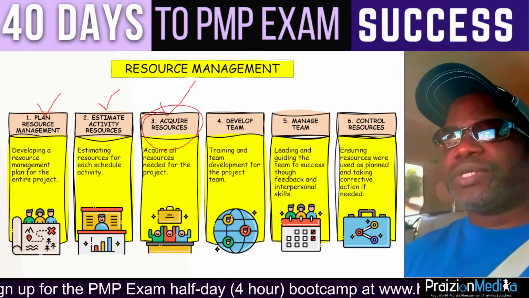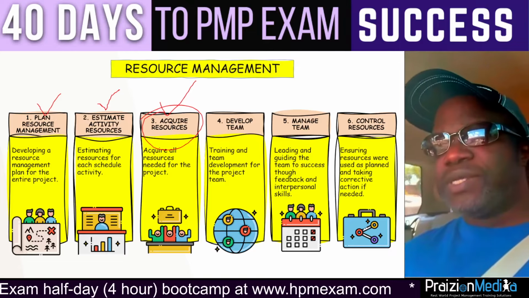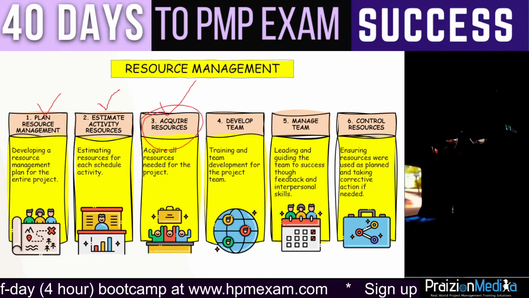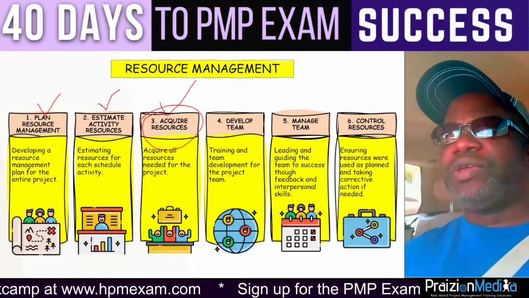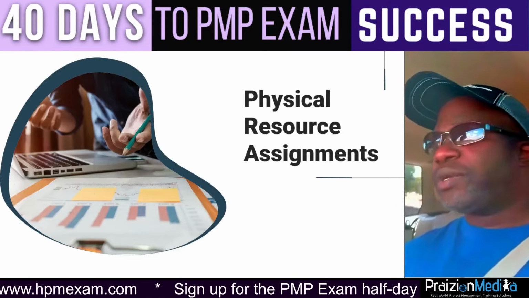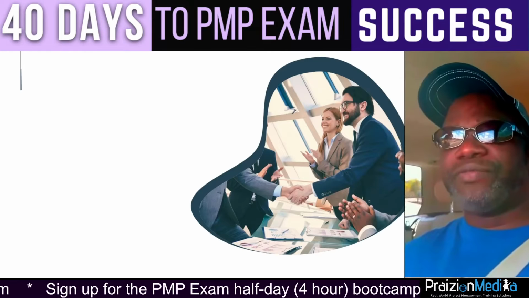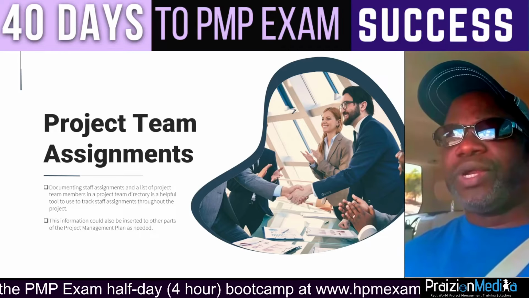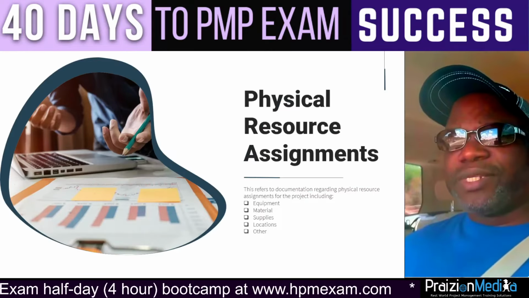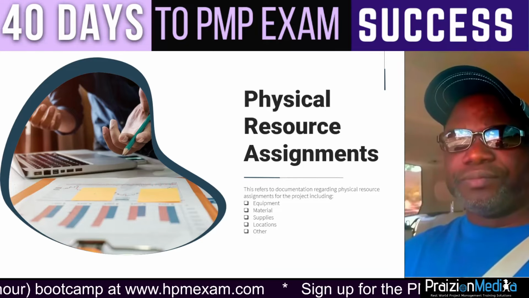In acquire resources, we're acquiring all of those resources, and the output is either going to be an assignment for the physical resources or an assignment for the human resources. So we have physical resource assignments and we have project team assignments for the humans.